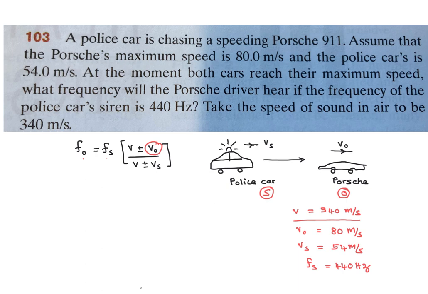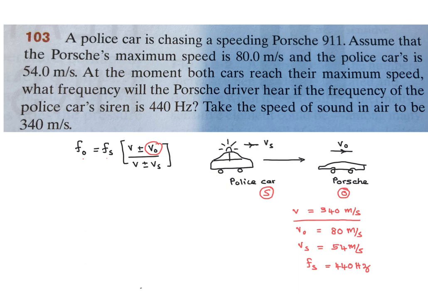If the observer is moving away from the source, we are not considering anything else, only the motion of the observer. The observer is moving away, and as a result the frequency should go down.